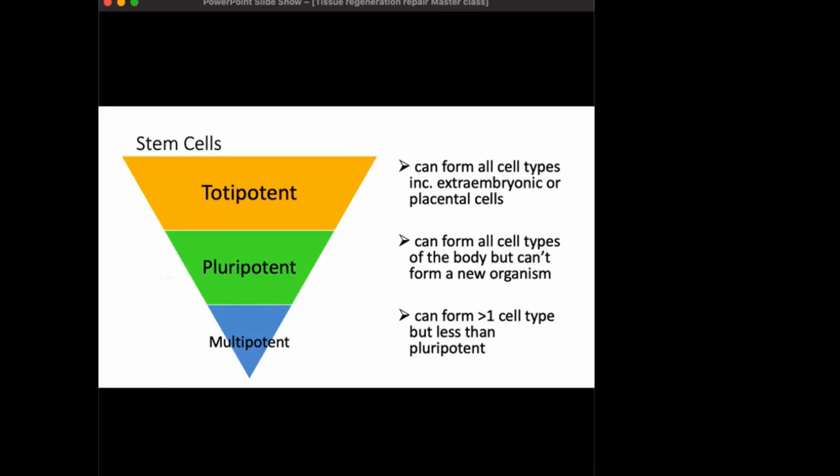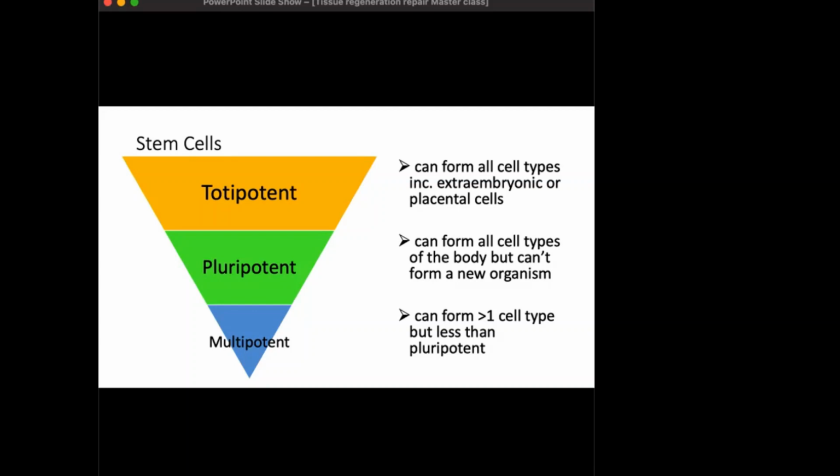And there are different types of stem cells. You have the totipotent, which is the highest form, and this form can form all cell types, including extraembryonic or placental cells. Basically, it can form a new organism.